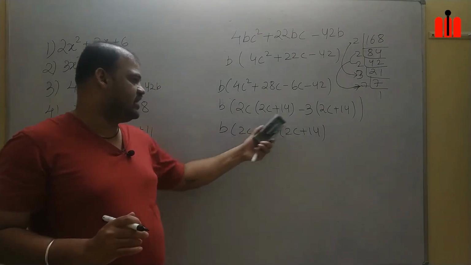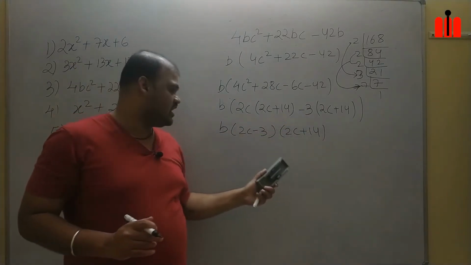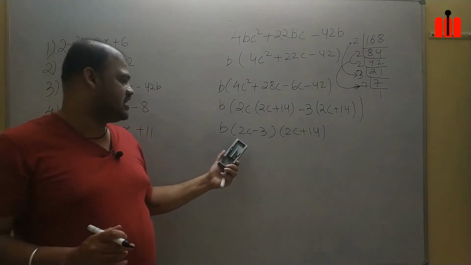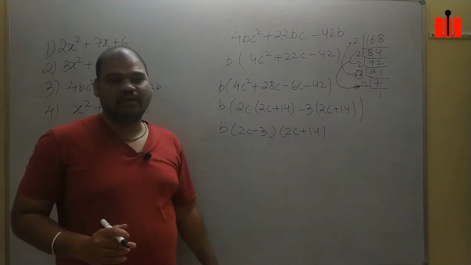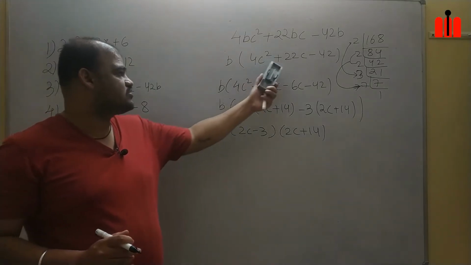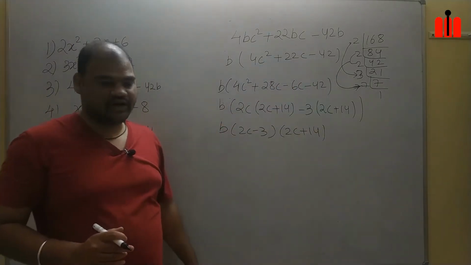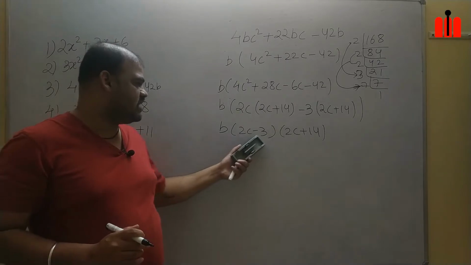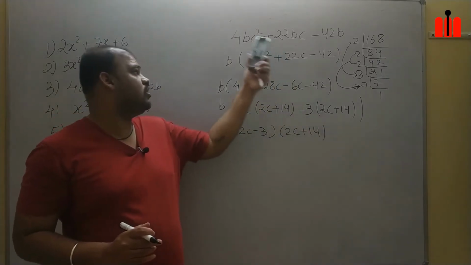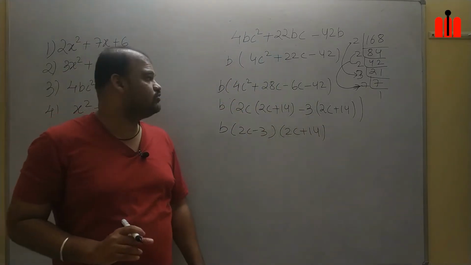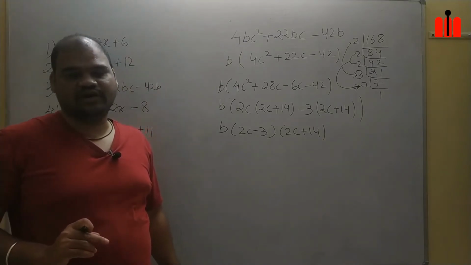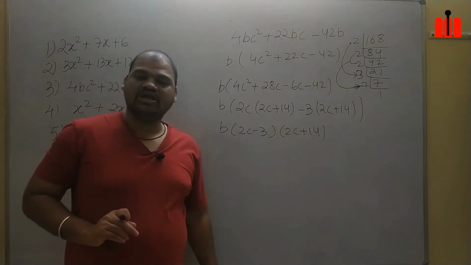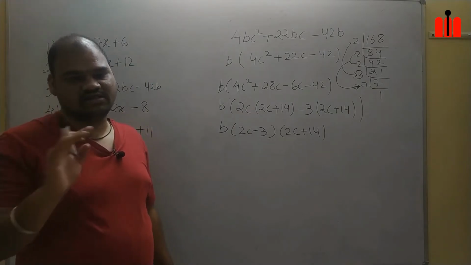After that we took common 2c and minus 3, and at last we got the factors 2c minus 3 and 2c plus 14 for 4c square plus 22c minus 42, and b into 2c minus 3 into 2c plus 14 for 4bc square plus 22bc minus 42b. Okay, so this completes problem number 3.